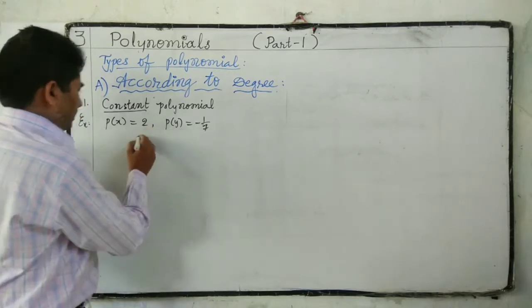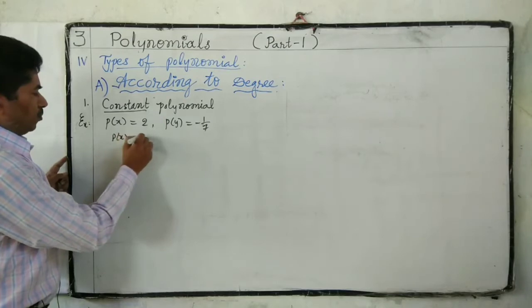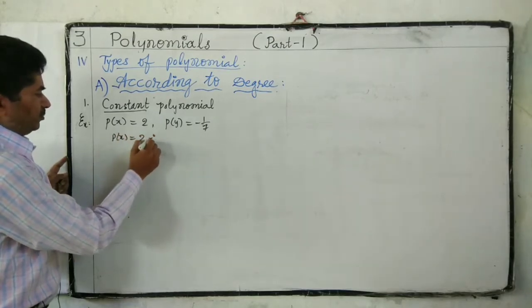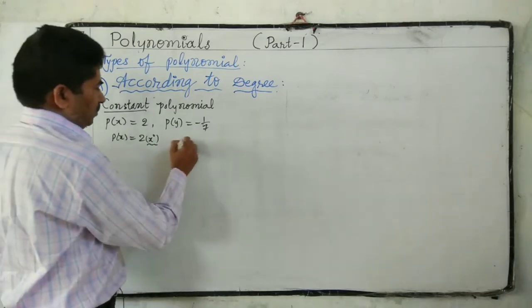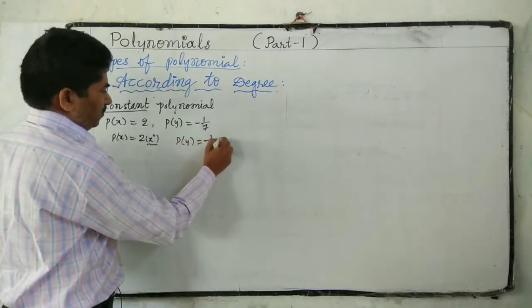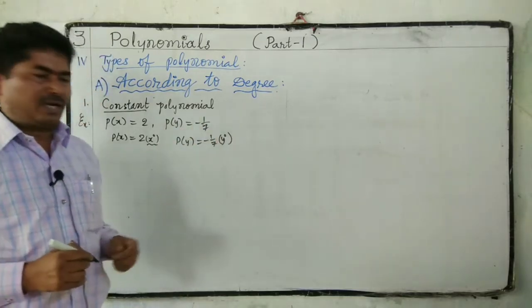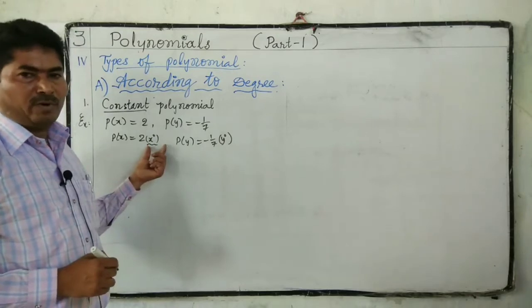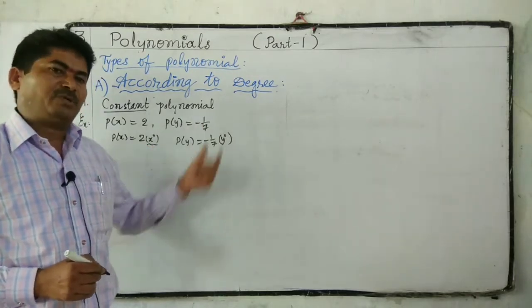We can observe like this: p of x is equal to 2x to the power of 0. Here also p of y is equal to minus 1 by 7 y to the power of 0. If there is no variable, we can take like this: x to the power of 0, y to the power of 0, that variable to the power of 0.